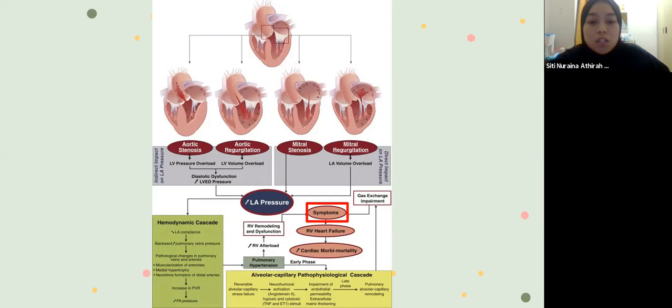It either causes remodeling or proceeds to the alveolar capillary pathophysiologic cascade, which also causes remodeling, and the pulmonary alveolar capillary remodeling causes gas exchange impairment and will produce symptoms. And in late presentation, the patient might have heart failure symptoms. So let's take a look at what the symptoms are.